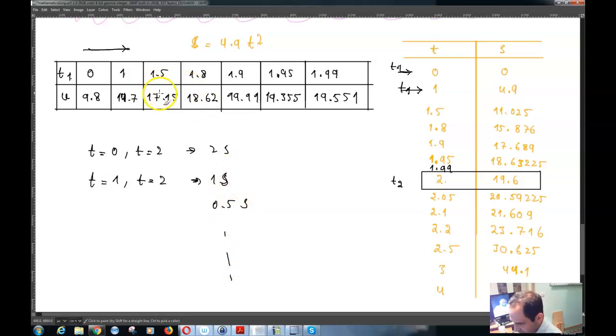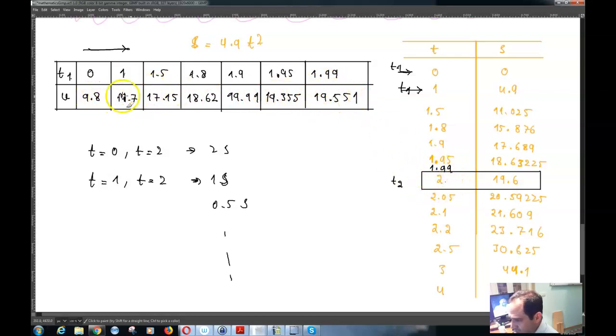So you can see that as you are moving in this direction in this table, you're getting closer to this point, meaning that you're making the time interval between the 2 points smaller and smaller. And of course, what that also means is that as you're getting closer and closer to t is equal to 2, you're getting a better and better idea as to what the velocity is at t is equal to 2.